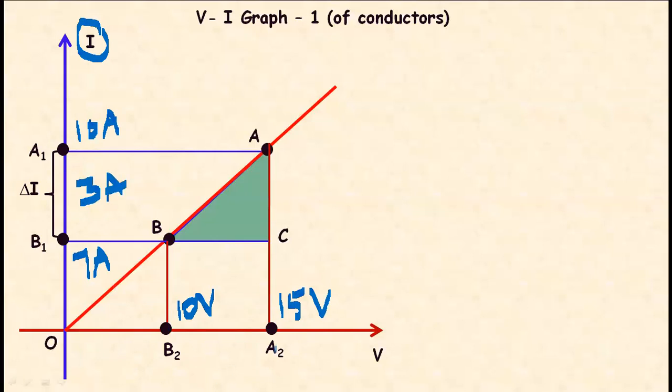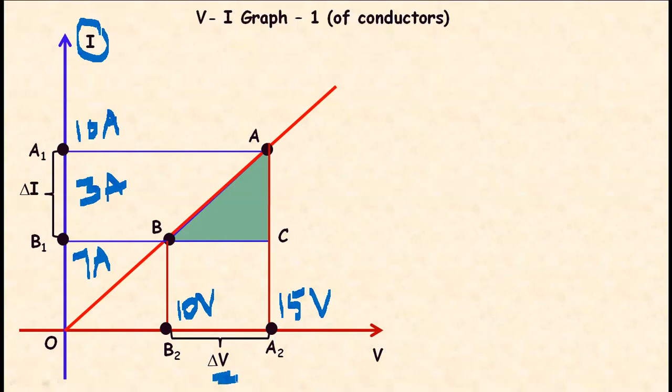Likewise, let me find the difference between A2 and B2. And since we have taken voltages along the x-axis, the difference between A2 and B2 will give me the change in x coordinate. That is nothing but del x, which will be equal to del V. Since we have taken voltages along the x-axis, the difference in the x coordinates A2 and B2 will give me the change in voltage.